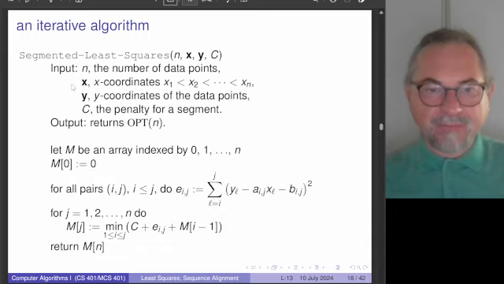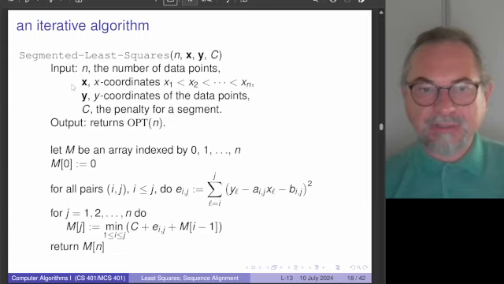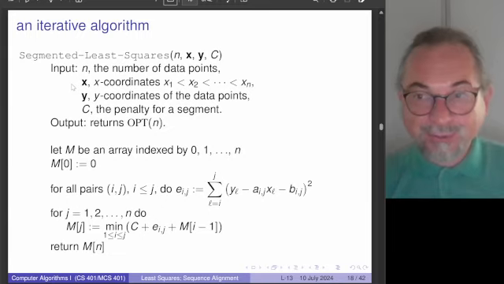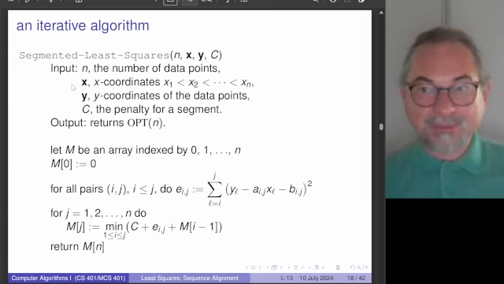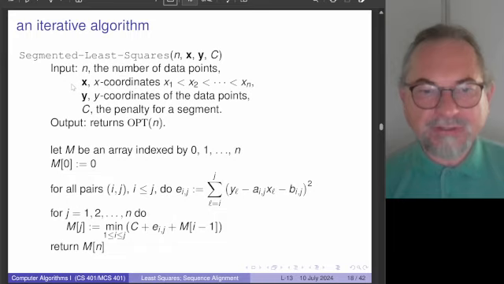And when we evaluate M at j, we know what the penalty is for one segment, this big C. We have pre-computed all the errors of the least square fits, because essentially we did all possible of them, which seems again brute force, but it is polynomial in the input size.